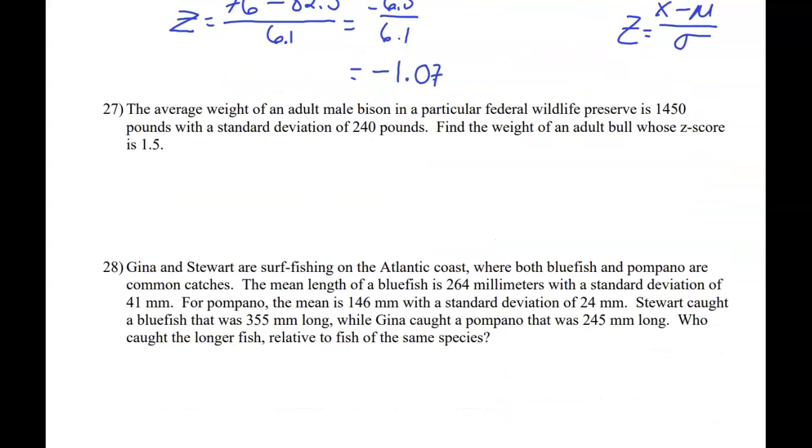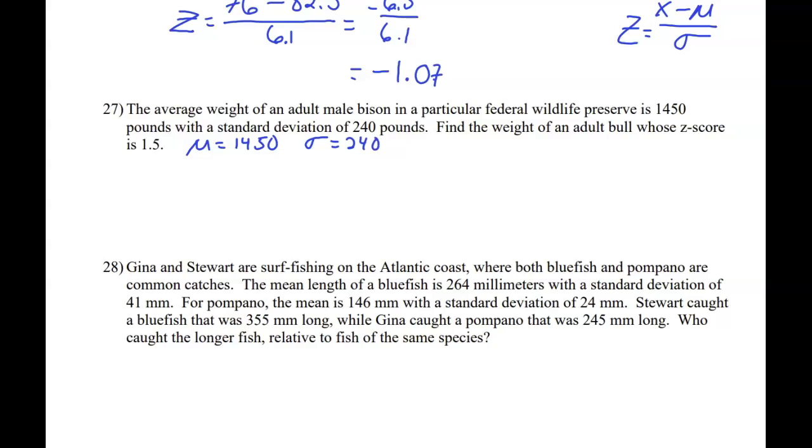Now the next one: the average weight of an adult male bison is 1,450 pounds. So we know that the mean is 1,450, with a standard deviation of 240 pounds.